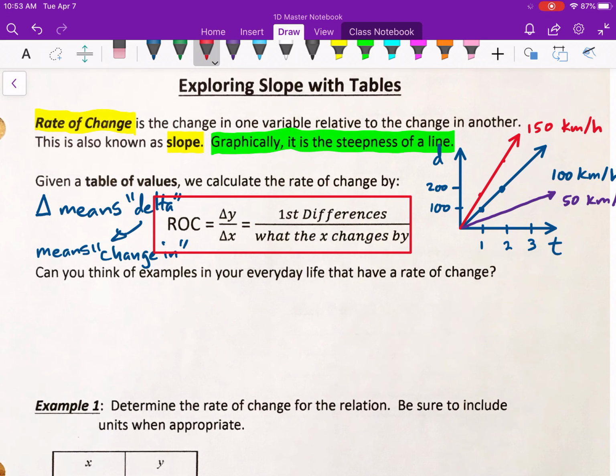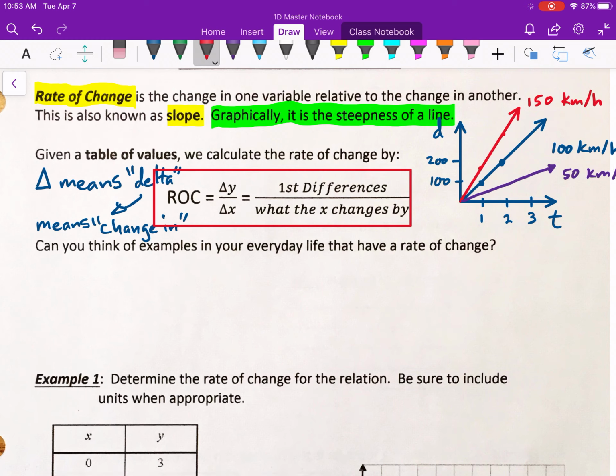Can you think of examples in everyday life that have a rate of change? Well, there's all kinds of things actually in everyday life. Some examples that spring to my mind might be stock market over time. Stock prices go up and down over time. Height versus distance.